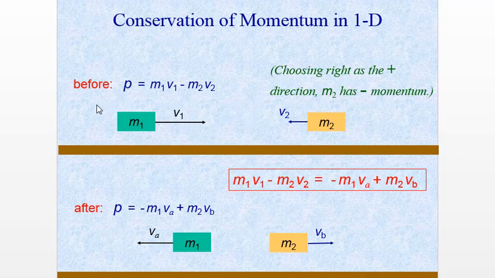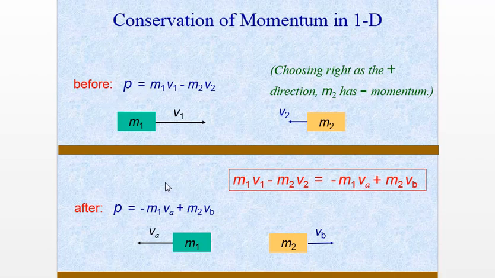Before the crash, momentum has the equation P equal to m1 times v1 minus m2 times v2. Choosing right as the positive direction, m2 has a negative momentum, like this.